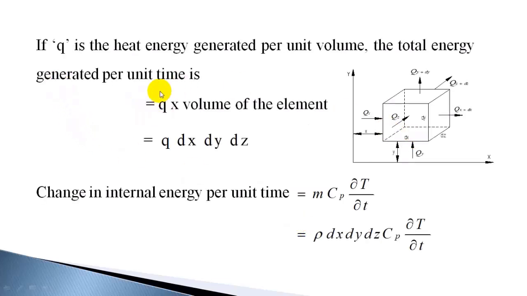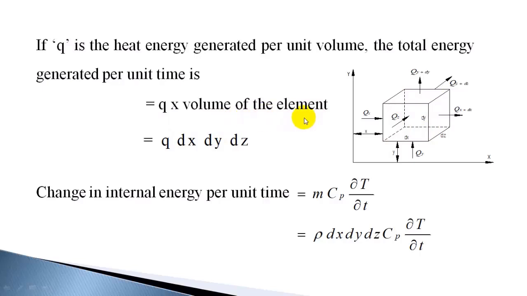Taking Q as the heat generated per unit volume. So this element is having a size. If in unit volume the energy generated is Q, then the total heat energy generated due to the heat source will be the quantity generated per unit volume multiplied by volume.